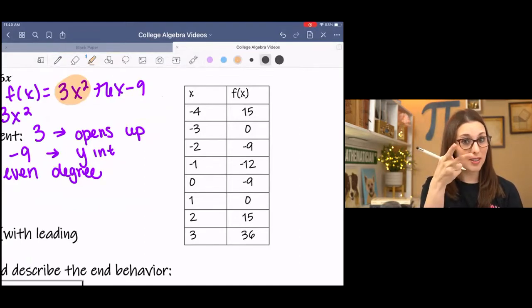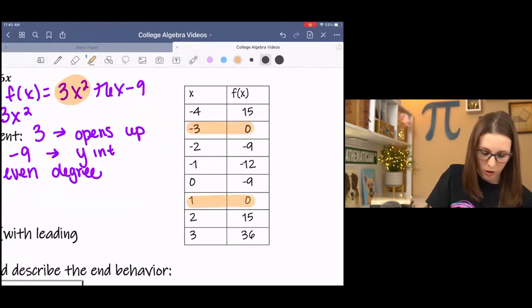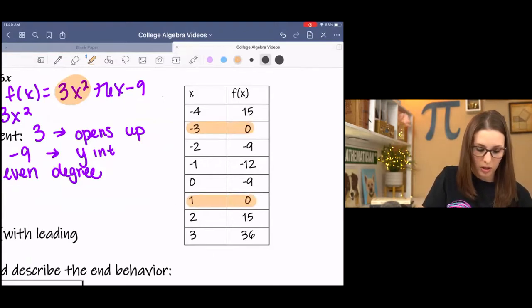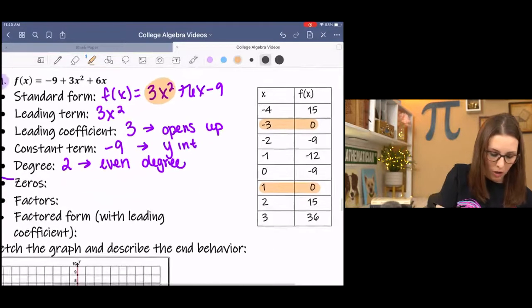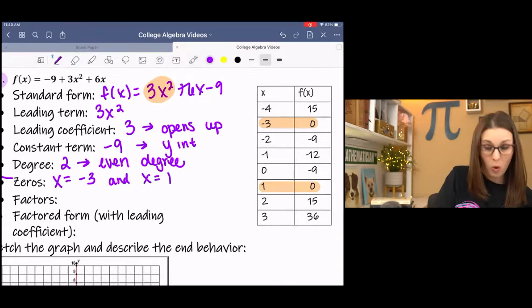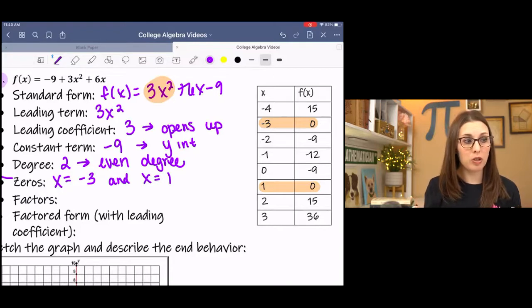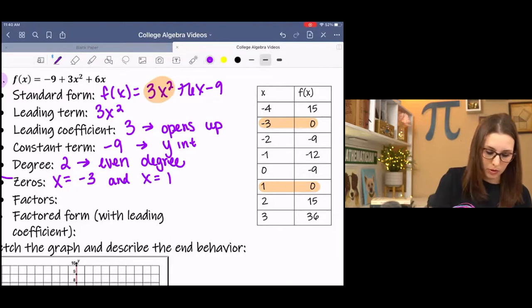There's 2 places. One is right here, and one is right here. So my zeros are x equals -3 and x equals 1. And there won't be any more than that because I know that with a degree of 2, there are at most 2 zeros.